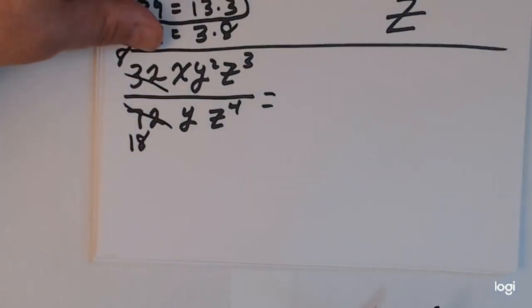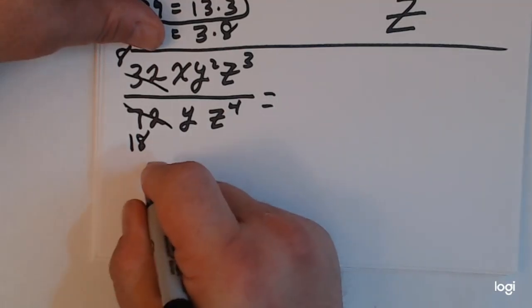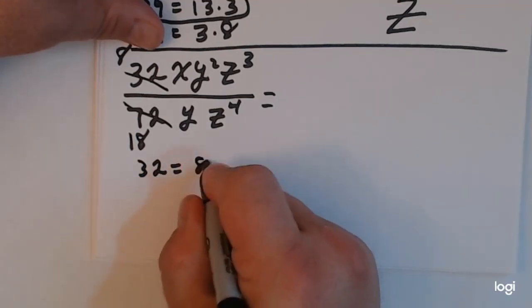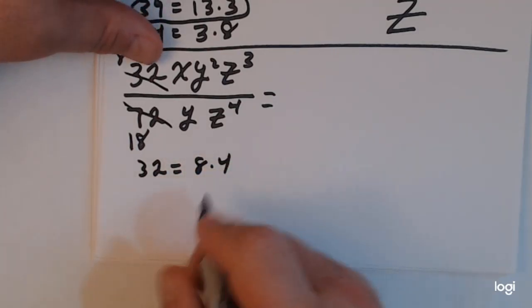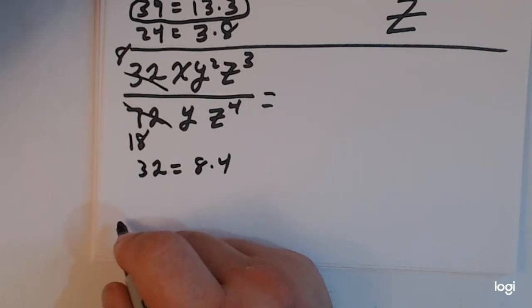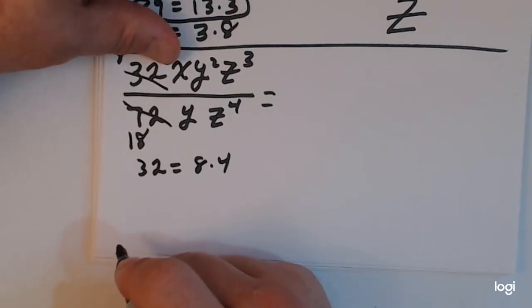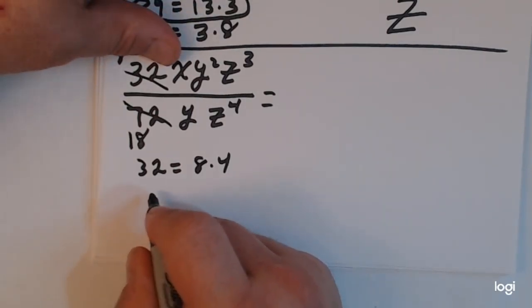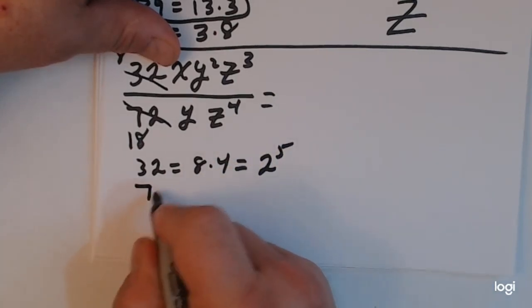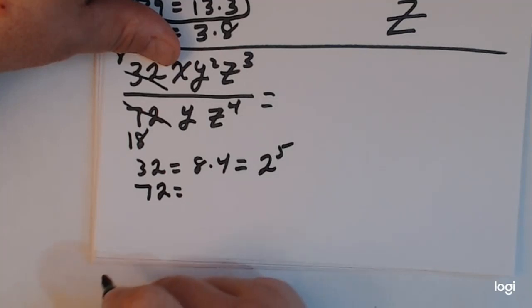Let's work on this a little bit. 32 is 8 times 4, which is 2 cubed is 8, 16, 2 to the fifth.